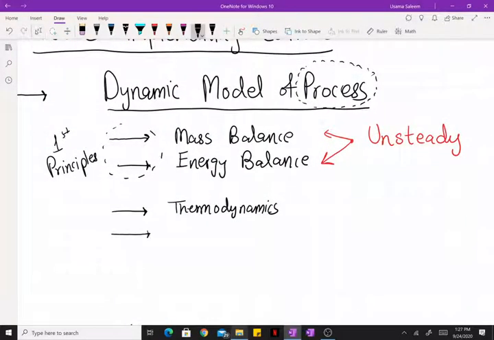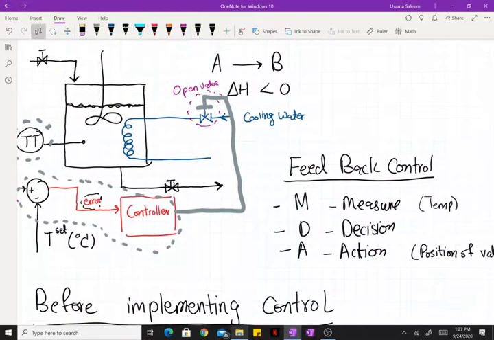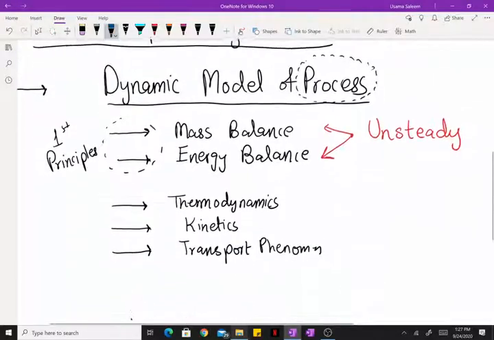We will also need to know the kinetics of our reaction, how the temperature affects our reaction rate, and we'll also need to know the transport phenomena. In this case, for example, we will need to know the heat transfer coefficient and the area of the coils associated with the cooling water to achieve a good model.